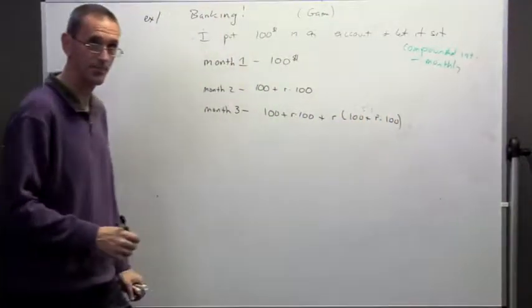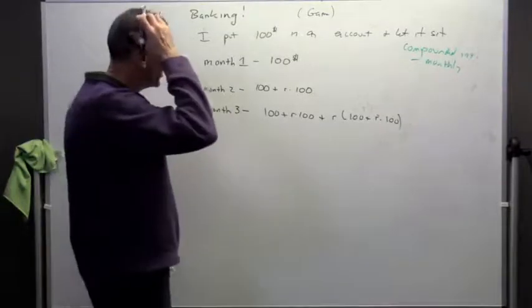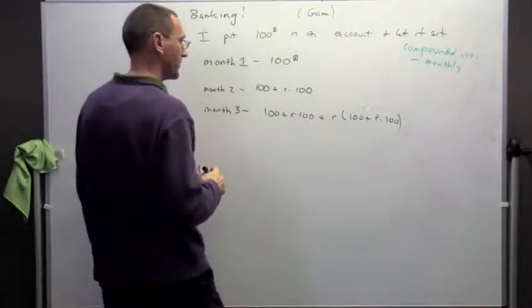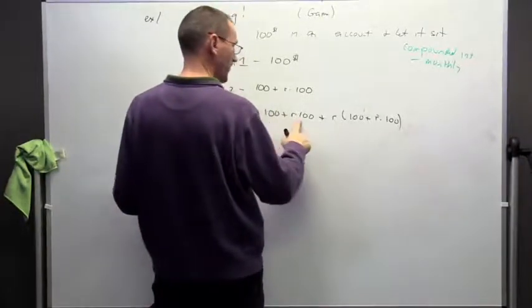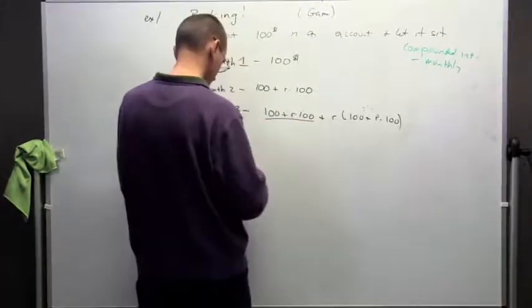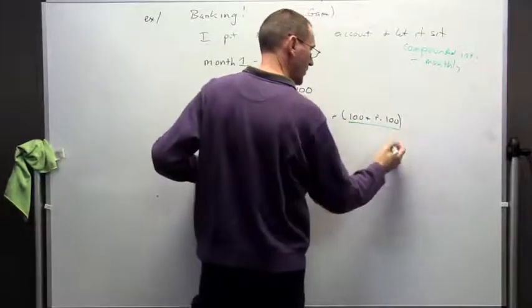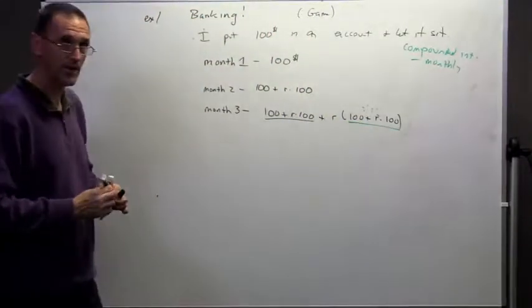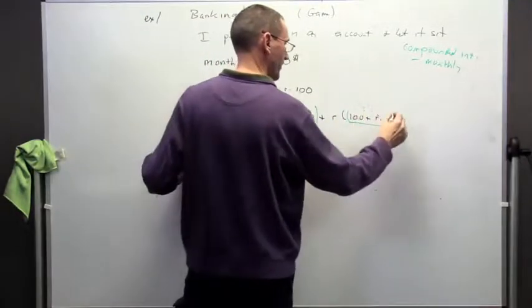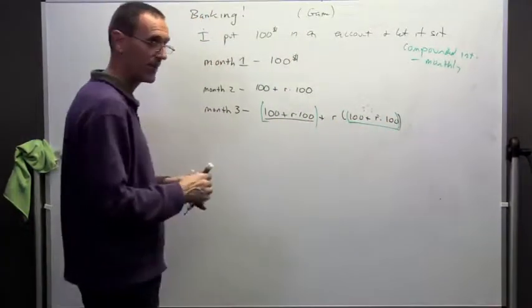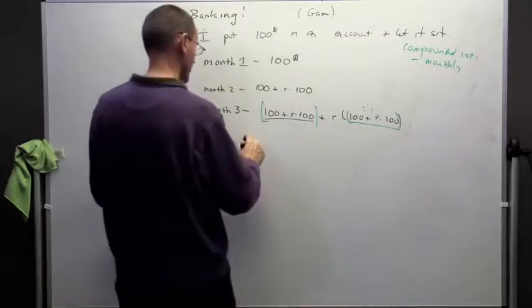So I get that. Oh, that's a mess. Let me see if I can clear that up. Now notice, I've got 100 plus R times 100 here. I've got the same term right there. So I can take that whole term and factor it out, right? I just think of that as some number.